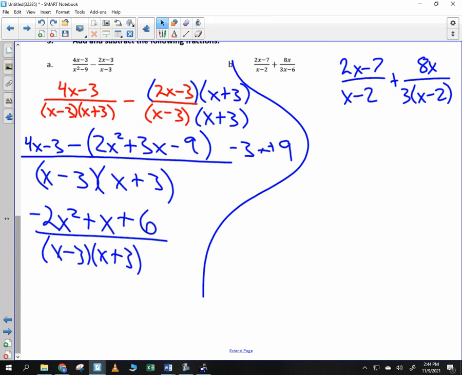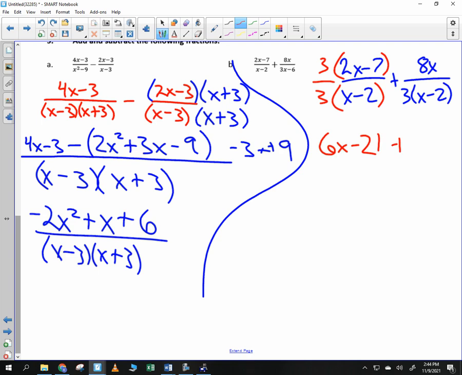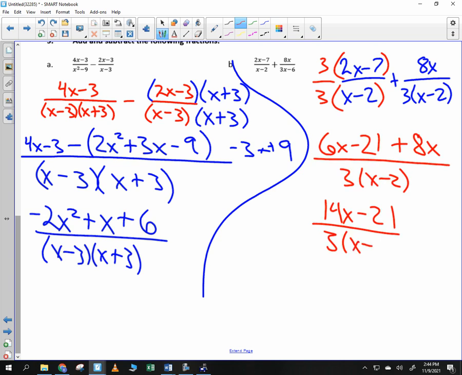So I will just multiply the top and bottom by 3 over here. Three times 2x, 3 times negative 7, plus 8x, over 3 times x minus 2, total of 14x minus 21, over 3 times x minus 2.